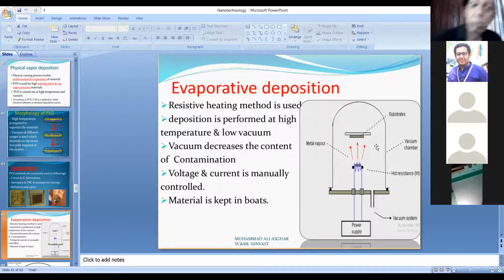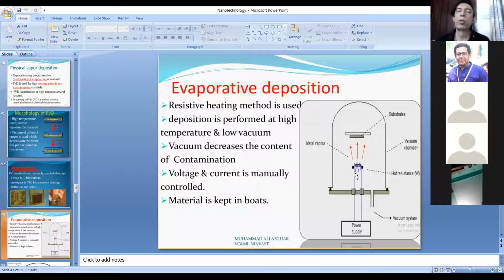Now, how to make the vacuum? We have machines to make the air go out from this chamber, and the scale of vacuum is known as torr.